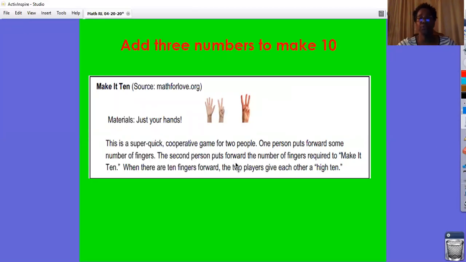The second person puts forward the number of fingers required to make it 10. When there are 10 fingers forward, the 2 players give each other a high 10. So you're going to give 5 plus 5 equals 10. All right, good. Can I get a high 10?